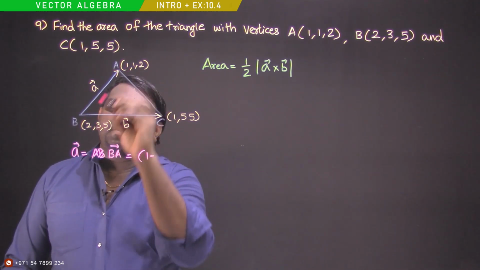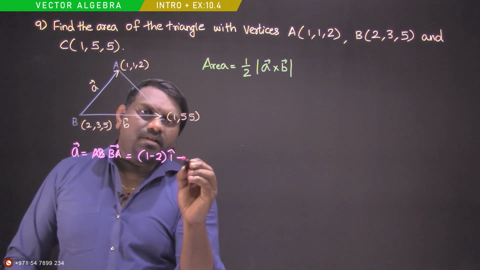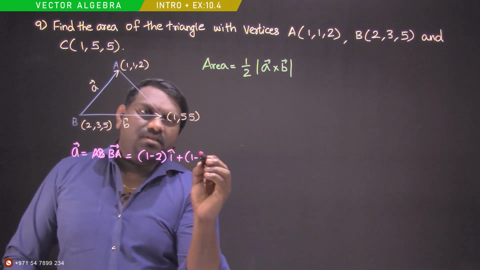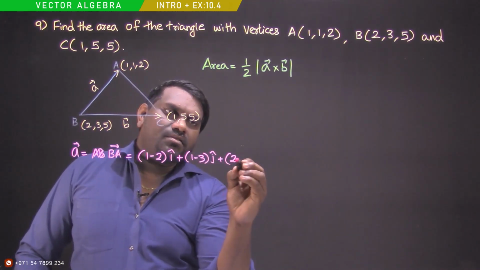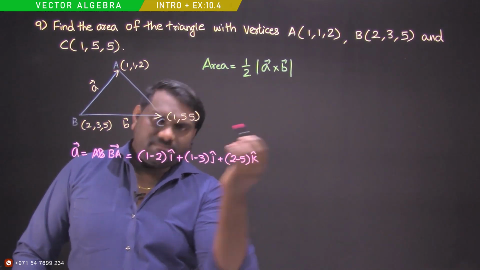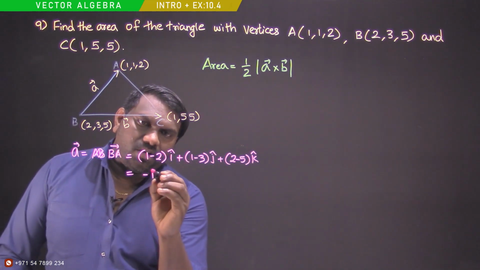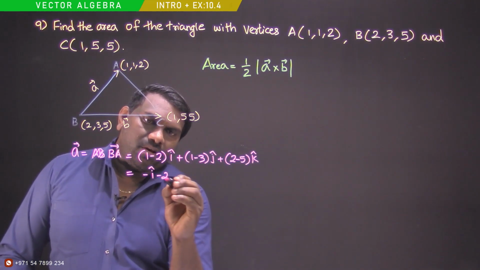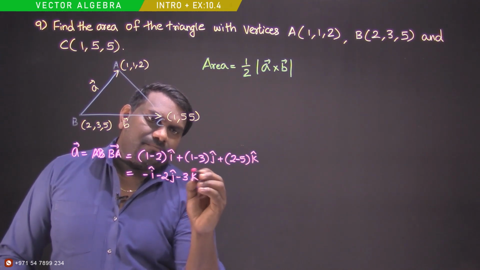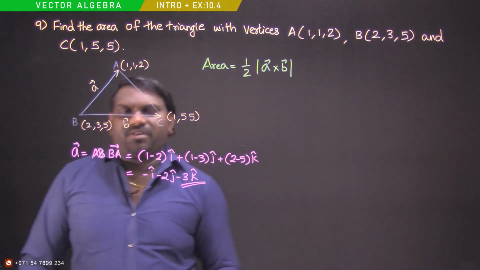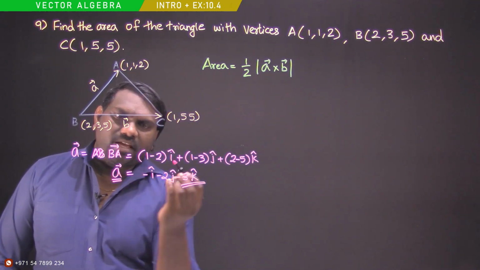So 1 minus 2 I cap, 1 minus 3 J cap, plus 2 minus 5 K cap, dear. What do you get? My A vector, which is here I cap minus 2 J cap, here minus 3 K cap, sorry. This is A vector. Fine, I got my A vector here.